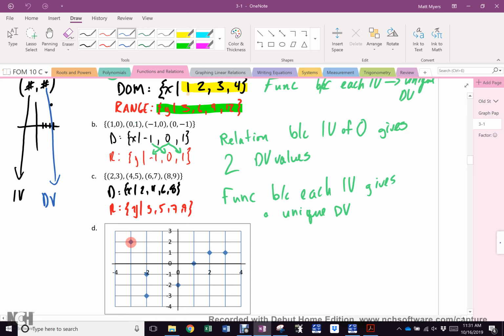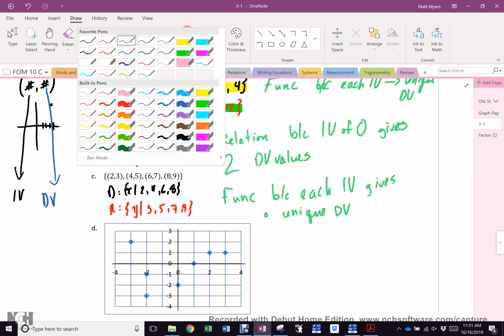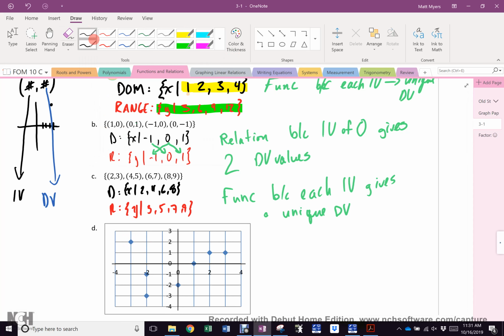X and Y. So this guy right here, this guy right here is what? Negative 3, 2. What's this guy? Negative 2, negative 1. What's this guy? Negative 2, negative 3.